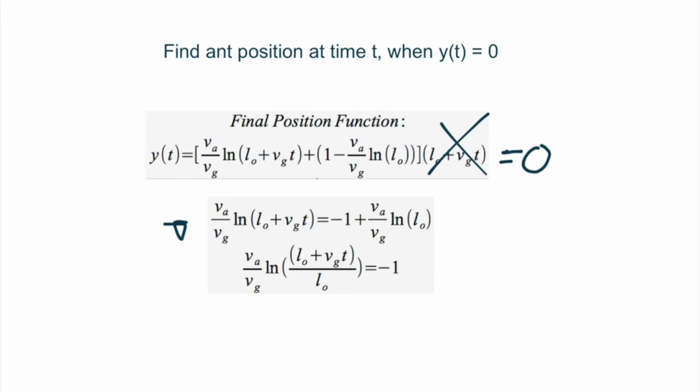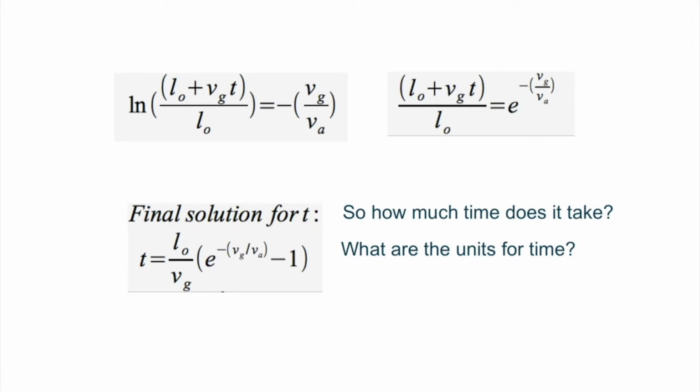Then after rearranging a little bit, you can combine those natural logs to get this next term equals -1. If any of these steps are really unclear to you, you're welcome to post in the comments and I'll add a clarification. From there, just a little more algebra, rearranging, and you get the final solution for t. That's L0 over Vg times e to the negative Vg over Va minus 1.